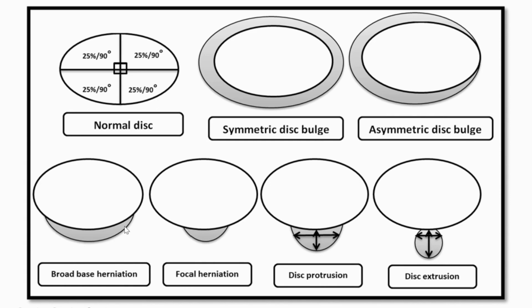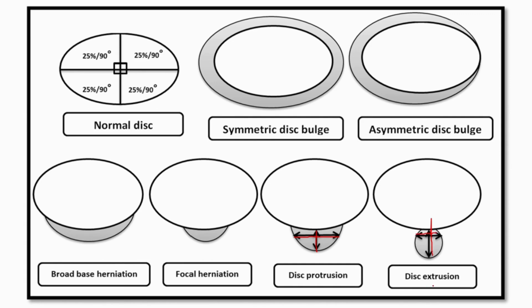This is broad-based, less than 180 degrees, and focal is less than 90 degrees. Focal is again divided into disc protrusion and extrusion. As we can see, this horizontal arrow denotes the base, whereas this vertical arrow denotes the dome. So if the base is larger than the dome, it is called protrusion, and if the base is smaller than the dome, it is extrusion.